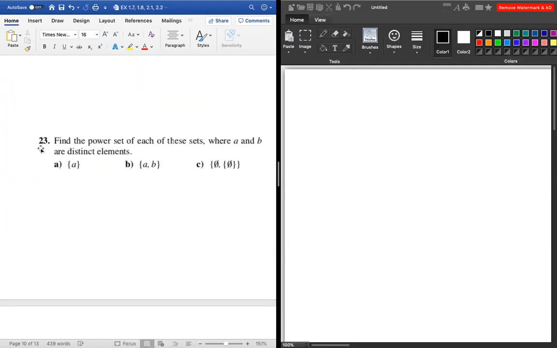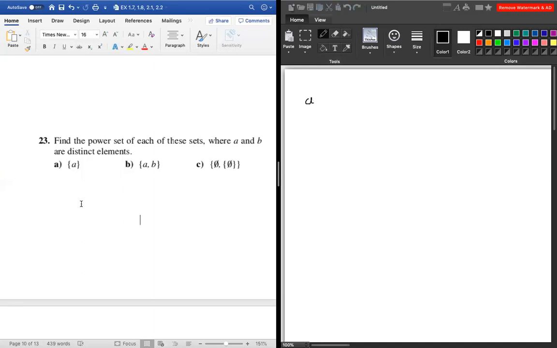Okay, so the power set, as I was saying, is the set of all the possible subsets. Now, let's take the first part A. In part A, we have to write the power set.